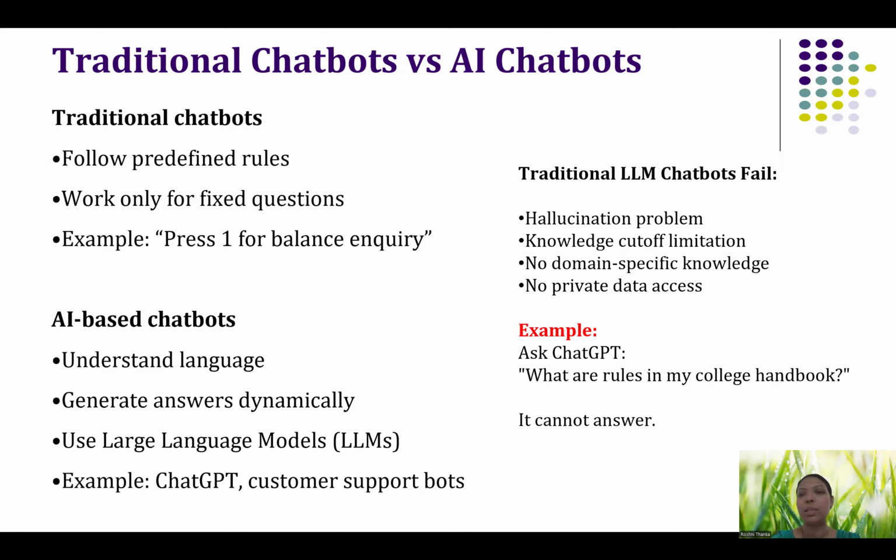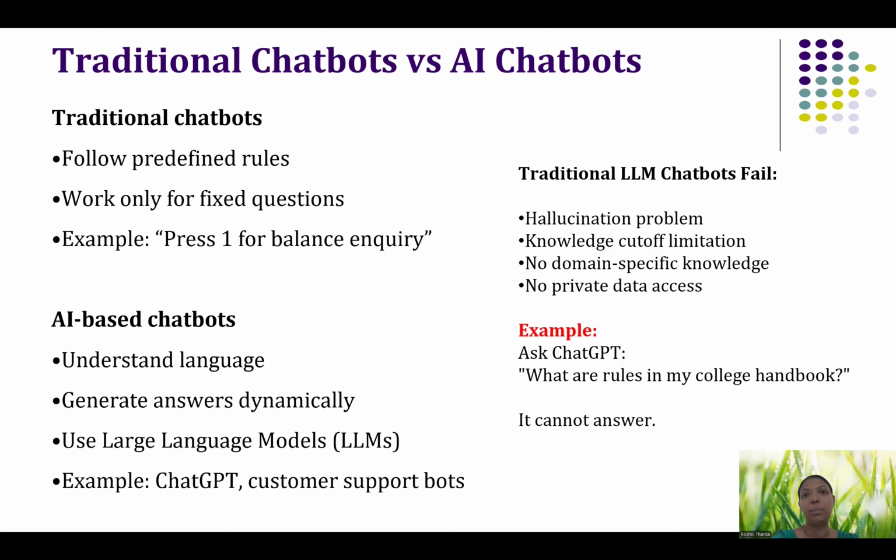But there is a problem in this LLM chatbot, which is hallucination. In my playlist, you might have come across a video on hallucination. Many of us may be familiar with working with ChatGPT and other LLMs like Claude. Sometimes if you ask some question, it may give an answer, but it may not be correct.